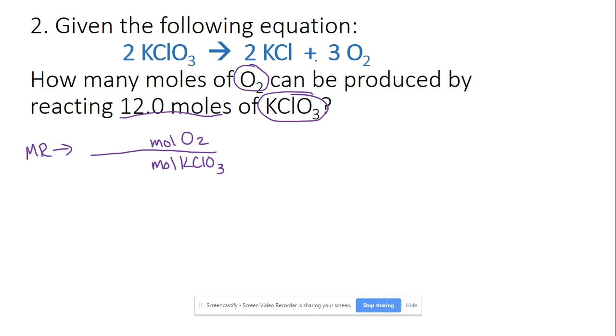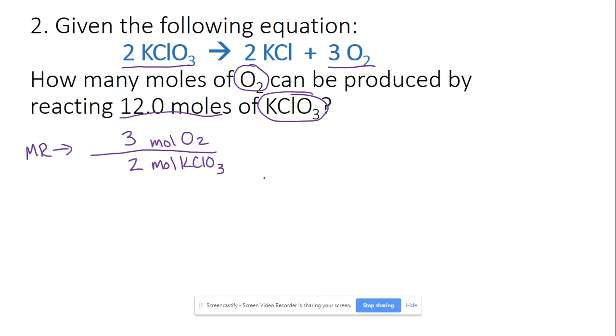If we look at our balanced equation, the coefficient for O2 is 3, which means there are 3 moles of O2, and the coefficient for KClO3 is 2. So our mole ratio is 3 moles of oxygen, O2, to 2 moles of KClO3.